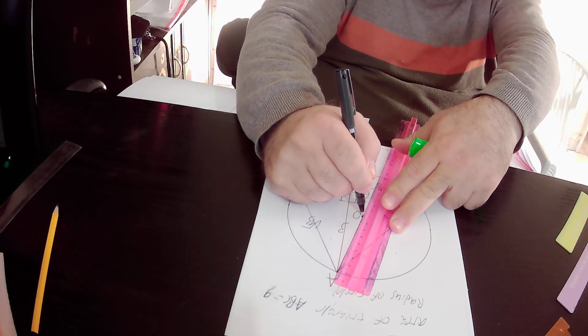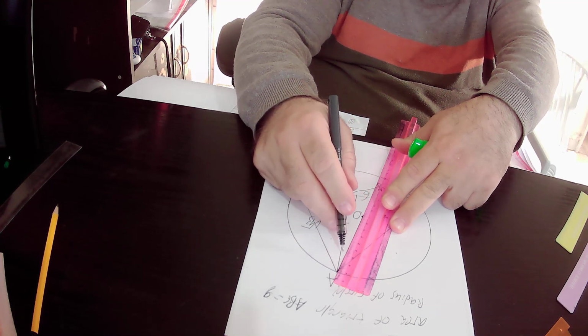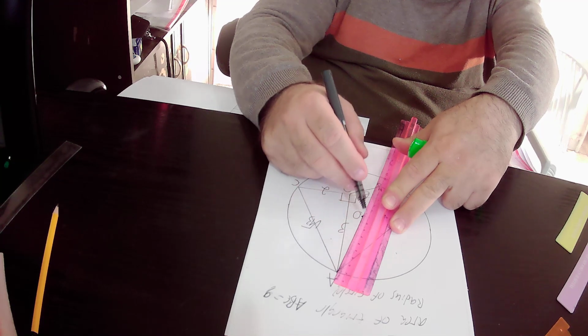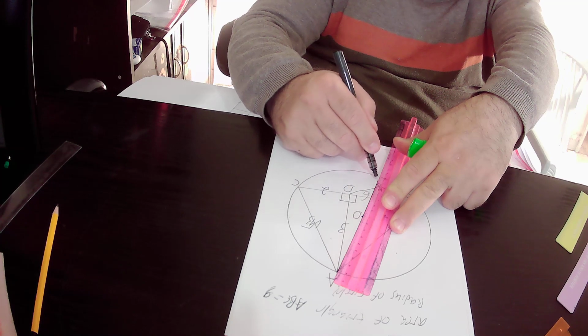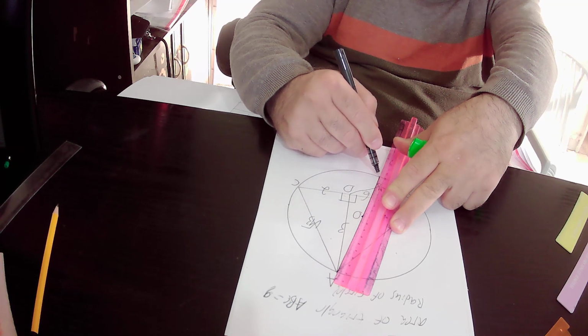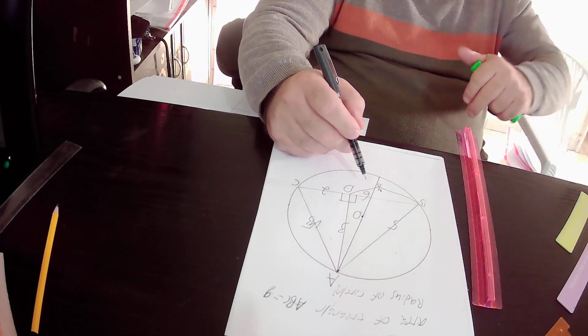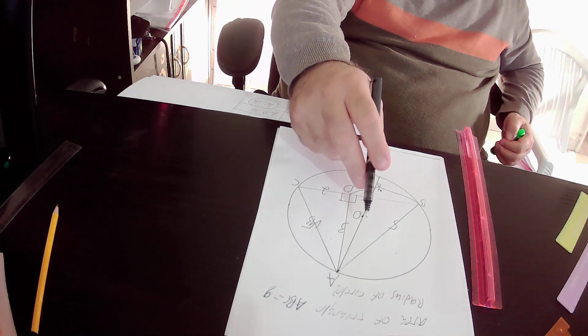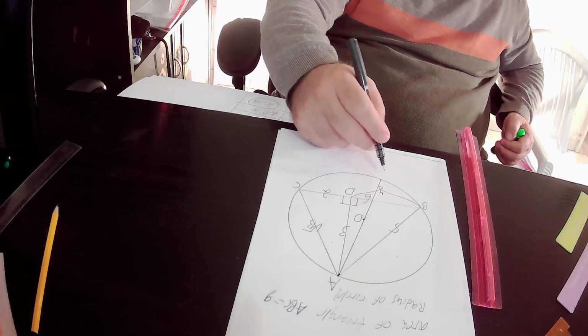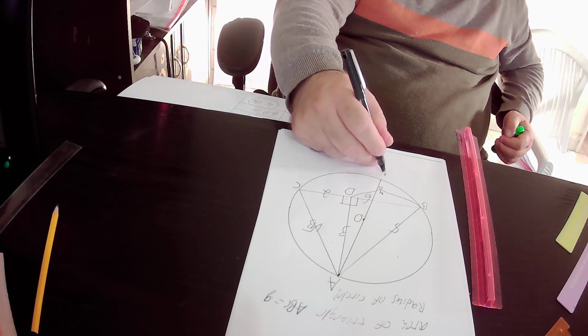And then we will extend line segment AO until it touches the circle. And we will define the touching point of the extended line segment AO and the circle as point E.